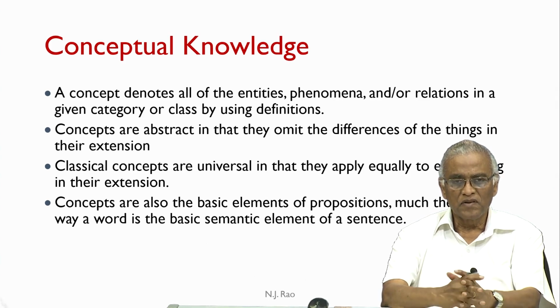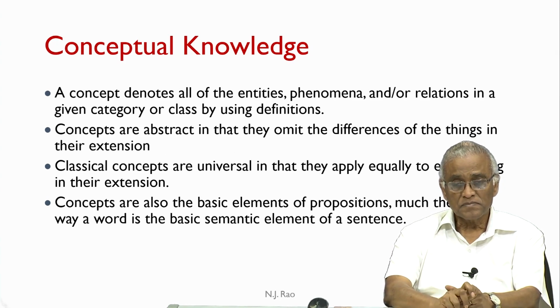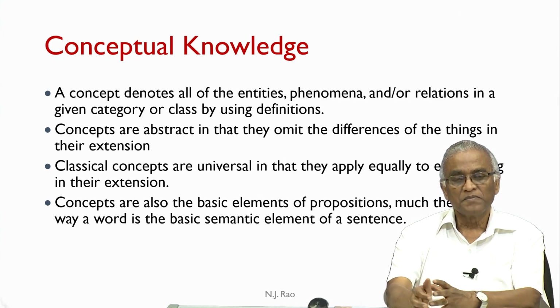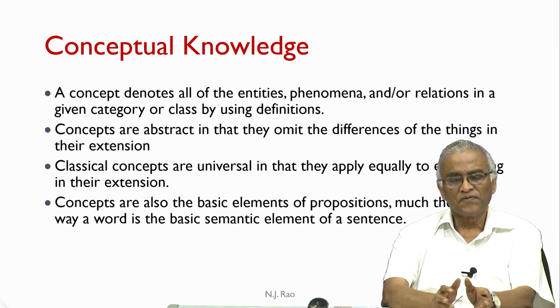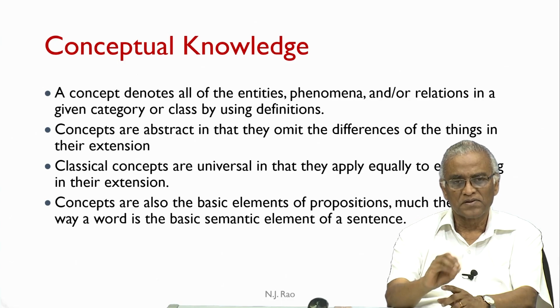But even with respect to trees, I can call something a mango tree. Once again, when I call a mango tree a concept, I am willing to ignore the differences between different types of mango trees. So I am grouping a set of elements called mango trees and calling it by a label called mango tree.